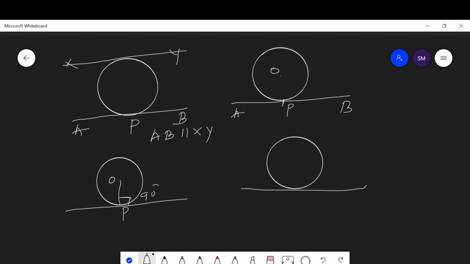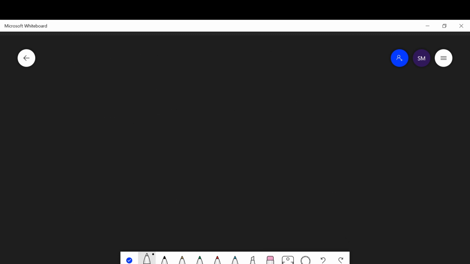Then let us discuss some more examples. Example 2 says, suppose C is the circle and P is any exterior point and O is the center of the circle.